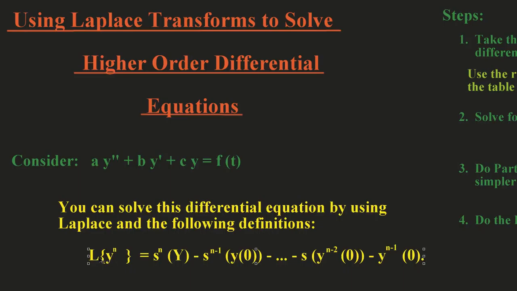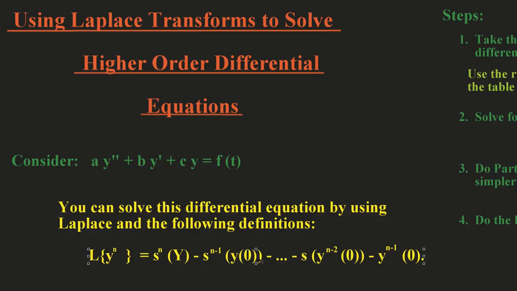If you want to take the Laplace transform of any y to the n, where it's some level of the derivative, whether second, third, whatever derivative, it'll equal s to the n, so whatever your derivative is, if it's the third derivative, the s exponent would be 3, times Y. The capital Y always stays Y, minus s to the n minus 1 times y of 0.